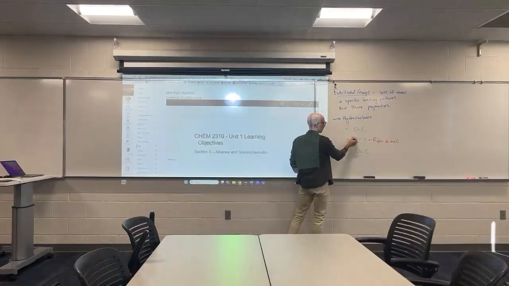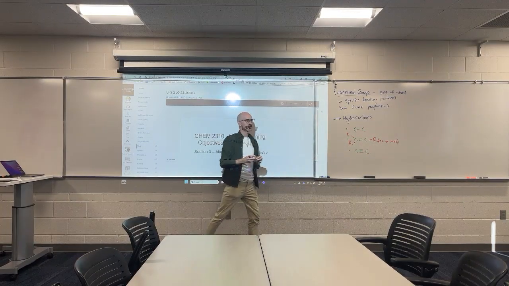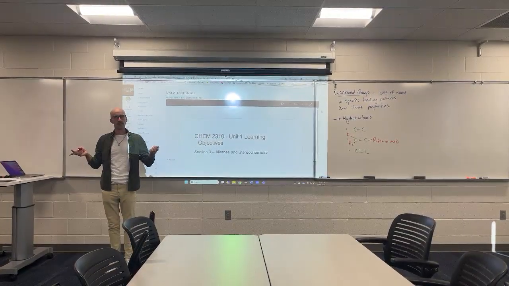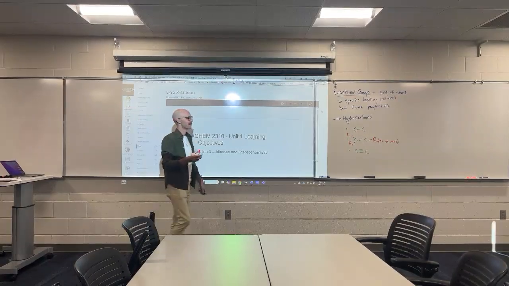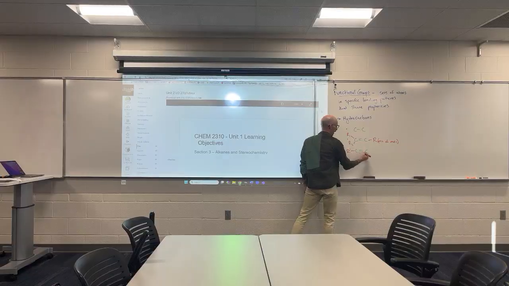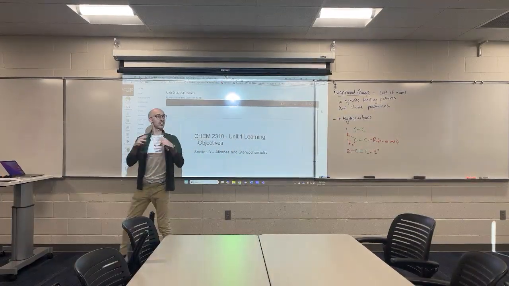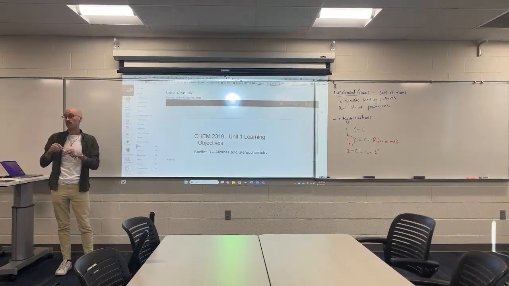We can say R1 and R2 to distinguish different R groups, although sometimes that subscript makes it look like I've got R and two of them. So we can also have things like R prime, R double prime, just to say generic things that aren't necessarily the same generic thing.